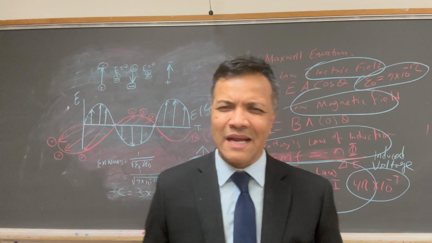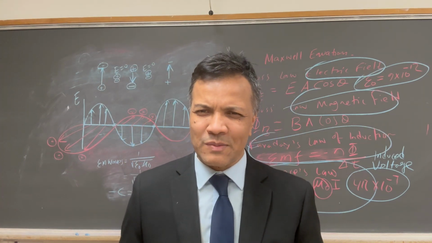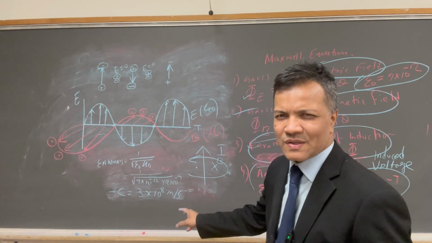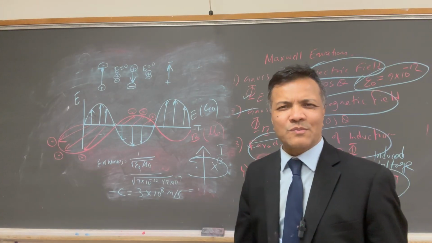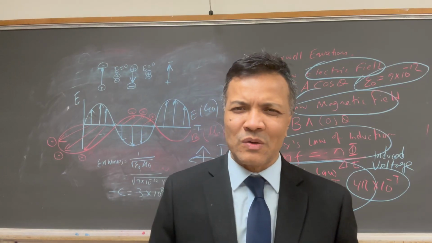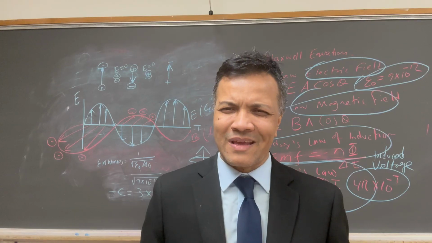That doesn't mean light cannot move in other media. It does move through other media. However, when the light moves in the vacuum, it is 3 times 10 raised to 8. When light moves in the air, it is also 3 times 10 raised to 8, because air and vacuum are kind of the same, because the index of refraction for air is also 1.